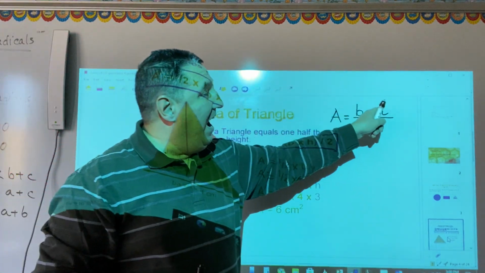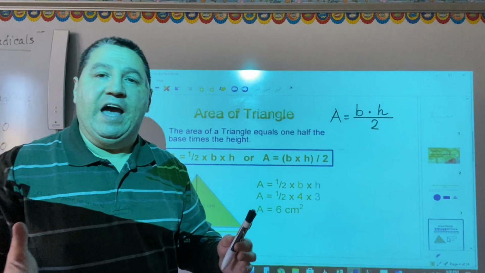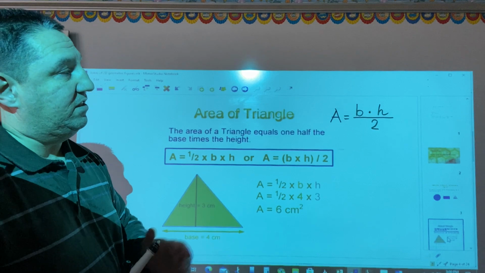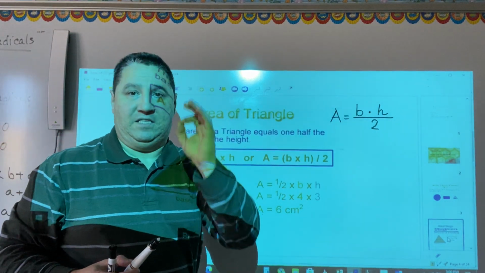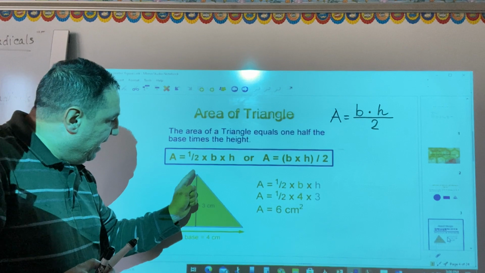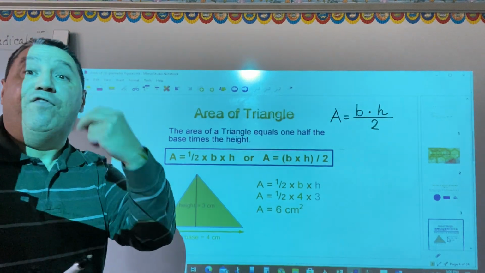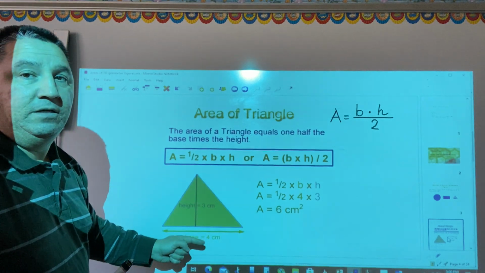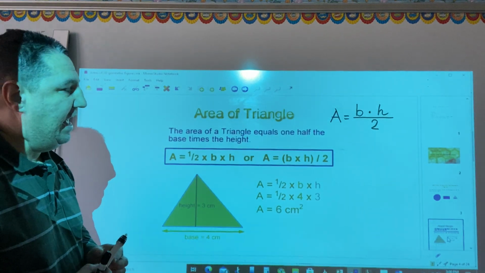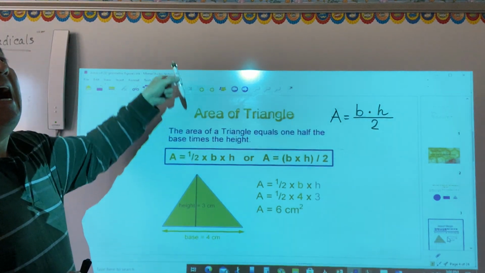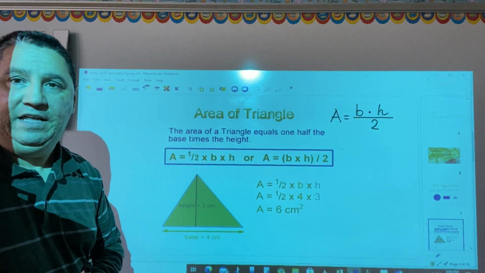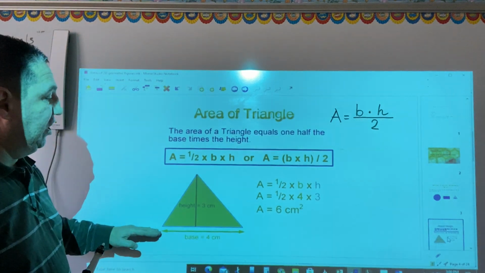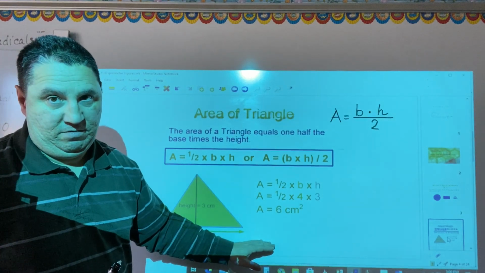Now, what about height? Height or altitude of a triangle is the line segment that joins a vertex of a triangle and its opposite side, right? But in order to be height or altitude, this line segment must be perpendicular to the side, right?